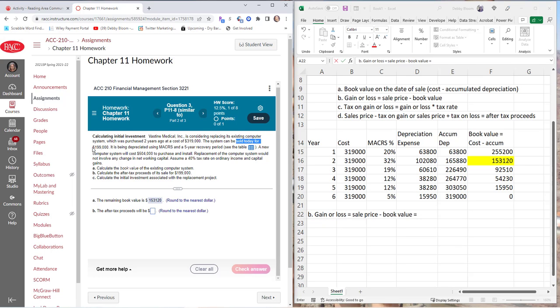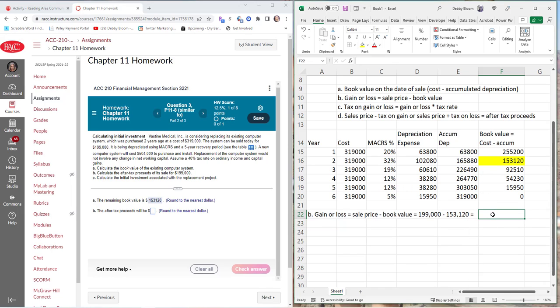There it is right there, trying to highlight it, but it won't let me highlight the $199,000. So our sale price is $199,000. The yellow numbers are book value, which we know is now correct because we answered part A, 153,120. So I'm going to use Excel to calculate that number.